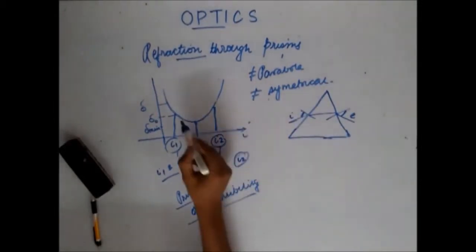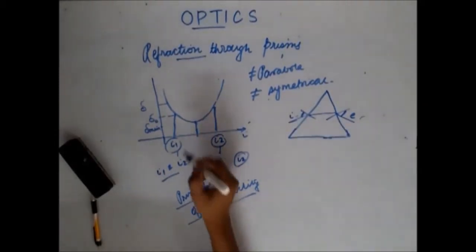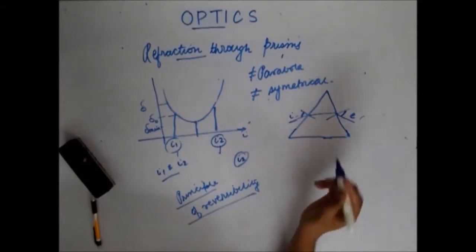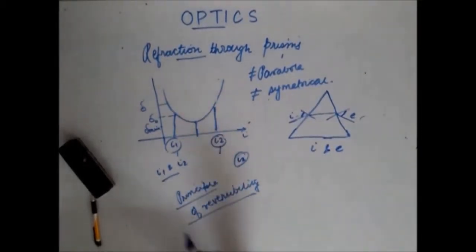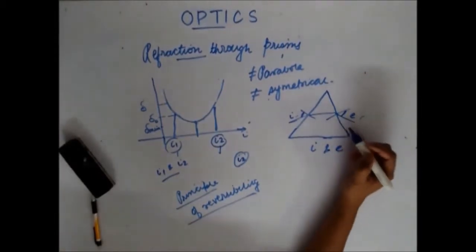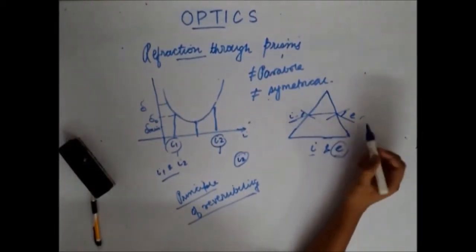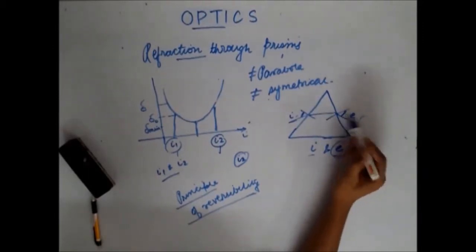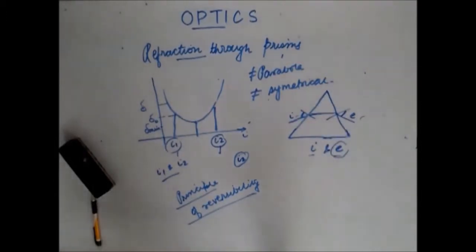In other cases you were getting two angles, right? But in this case you are getting a single angle. That means angle I and angle E are the same, and that's why you are getting a single value. That means the refraction that is occurring is symmetrical about the prism.